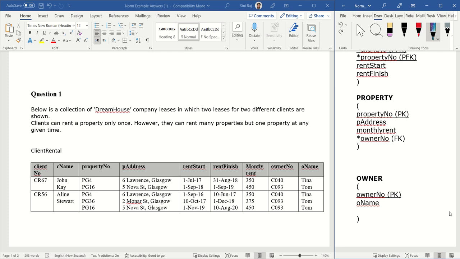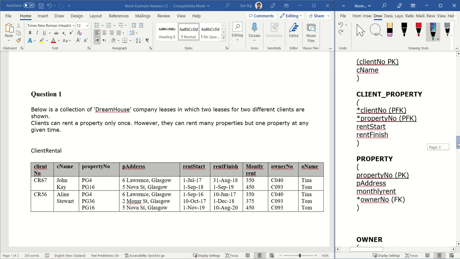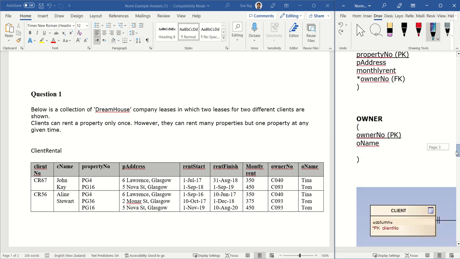So once you look at the table now, we have dealt with the multi-valued attribute issues, in the 2NF we have dealt with the partial dependency issues, and in the third normal form we have dealt with the non-key dependency issues, right? So this final table is in complete normalized form.